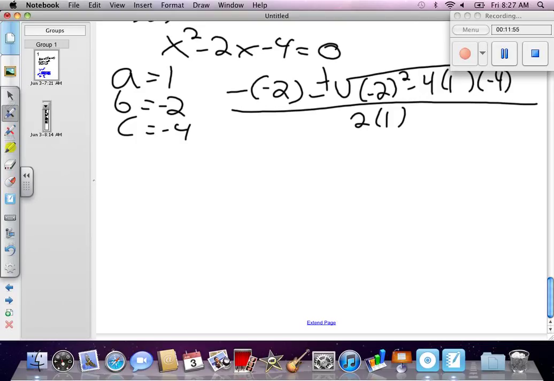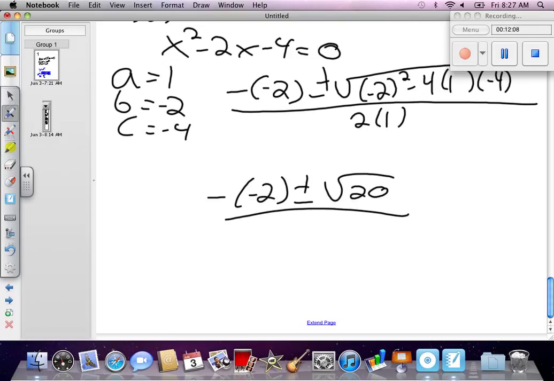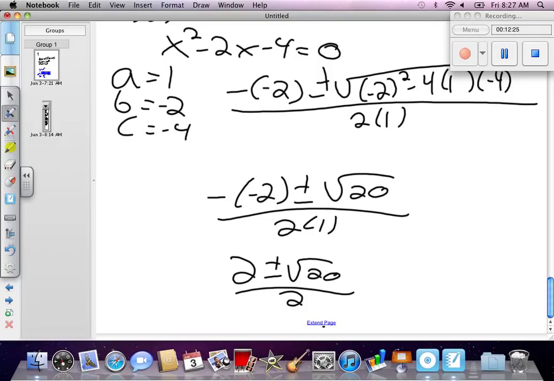You can just plug that in your calculator. 16 plus 4 is 20. I get minus a negative 2 plus or minus the square root of 20 all over 2 times 1. Anybody that plugged that in their calculator get a different answer than the square root of 20? Okay. What's a negative times a negative? So we get 2 plus or minus the square root of 20 all over 2.